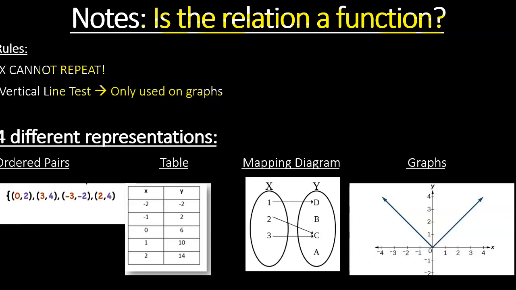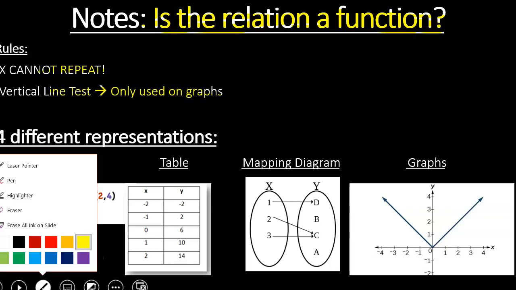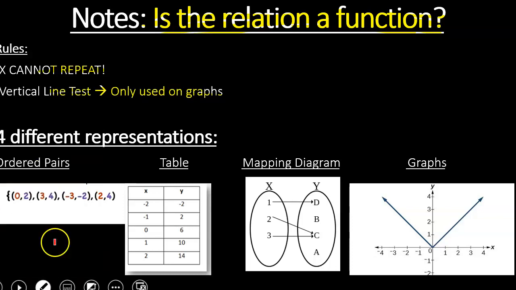And then the vertical line test, which we use only on graphs. If you've forgotten about the vertical line test, we just draw a vertical line. I know mine's not very vertical, but we'll pretend. If it's only touching in one spot, it's a function.